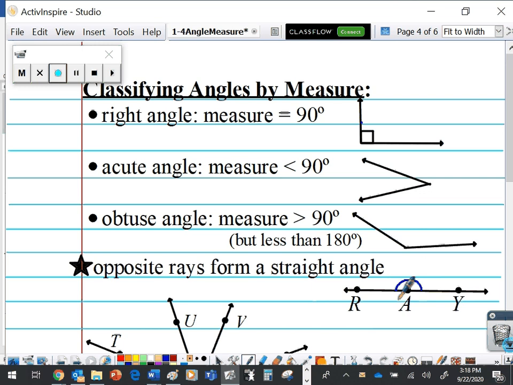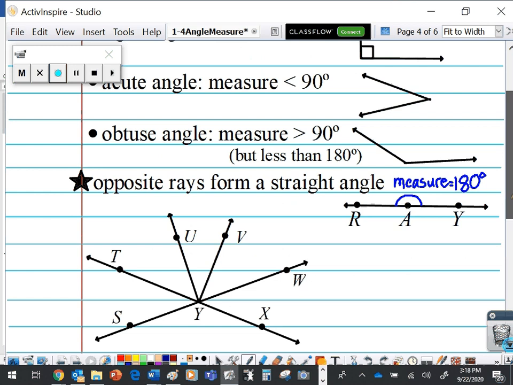Now, a straight angle is going to measure 180 degrees. So if you see that term used, you know that a straight angle measures exactly 180 degrees.